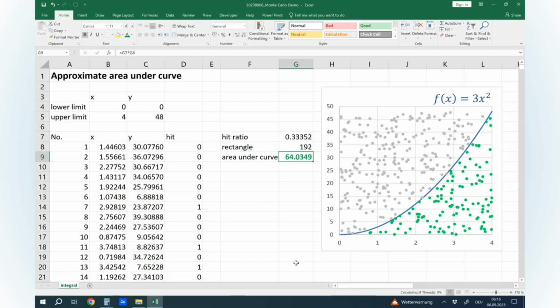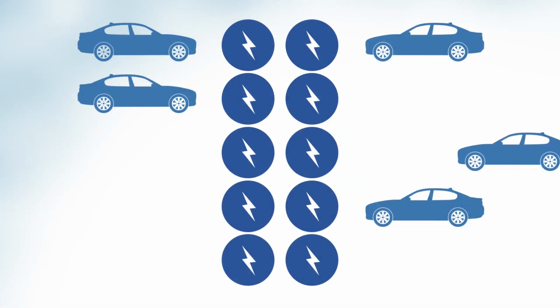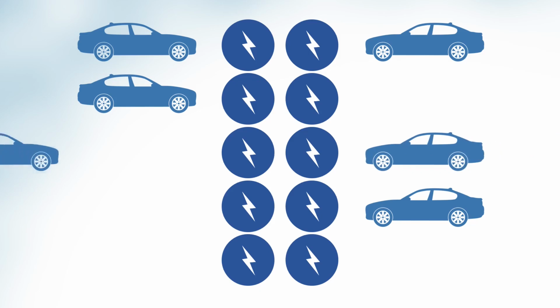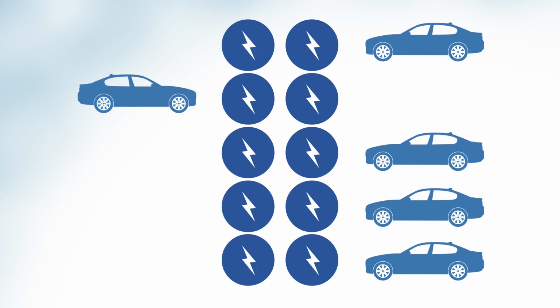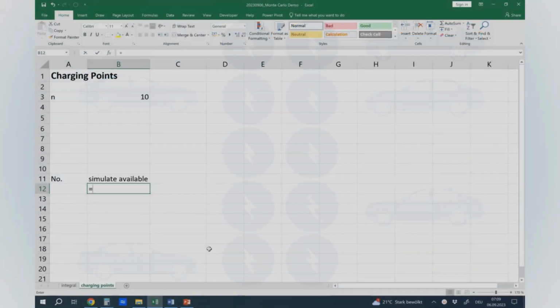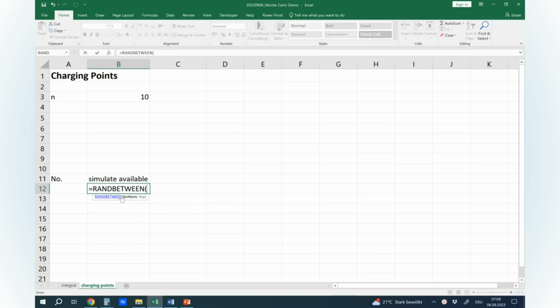Let's move to a second example, which carries a bit more practical relevance. Imagine overseeing a gas station equipped with 10 electric charging points. For planning purposes, you aim to simulate the number of available charging points at the moment of an electric vehicle arriving. To accomplish this, we can use the function rand_between.